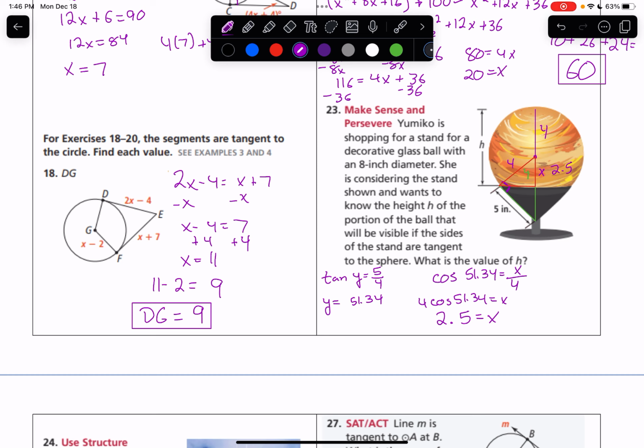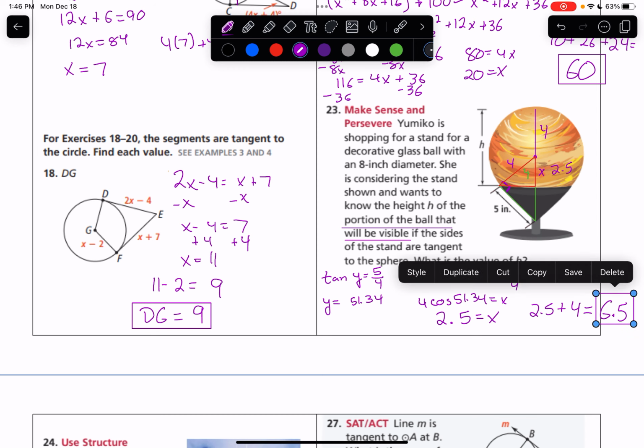That means that the portion of the ball that will be visible is that 2.5 centimeter section plus the 4 centimeter radius of the ball up above here, which means altogether 6.5, I guess, inches, not centimeters, 6.5 inches of the ball will be visible. That's probably the trickiest problem on this section because we bring back in the trigonometry there.